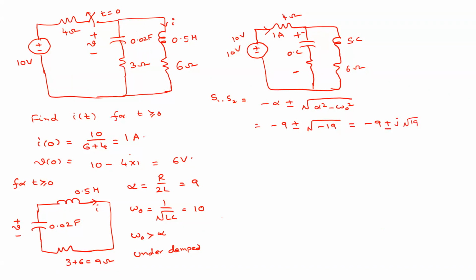So what kind of response can you expect? What is the nature of the response? e to the power of minus alpha t into B1 cos omega d t plus B2 sine omega d t, right? Here these two are ultimately constants only.